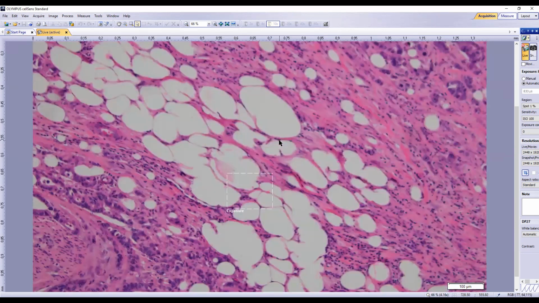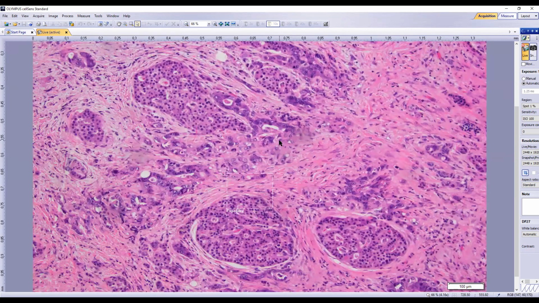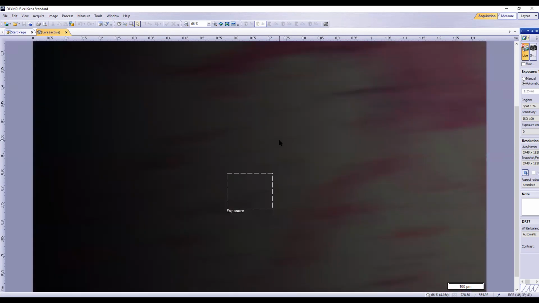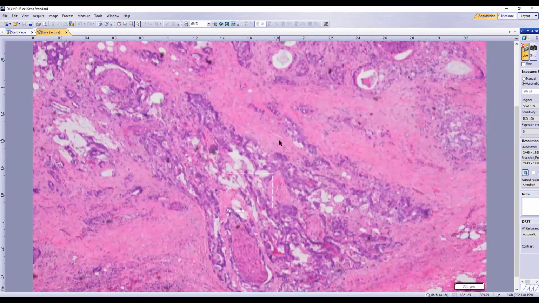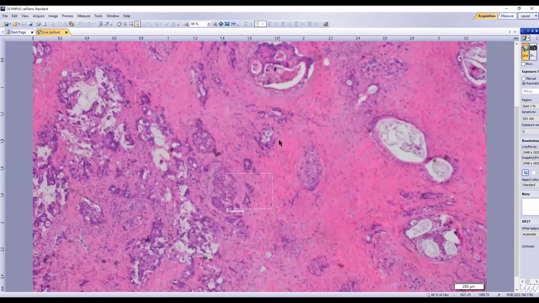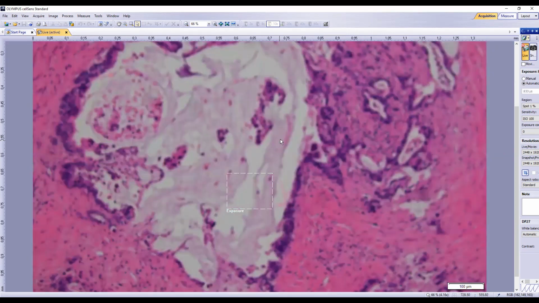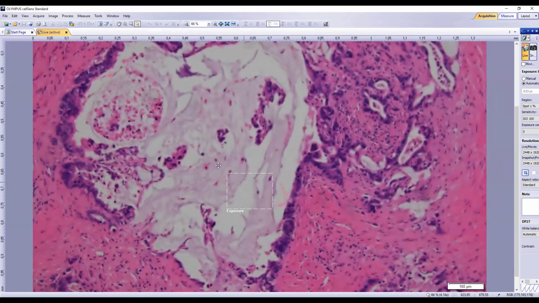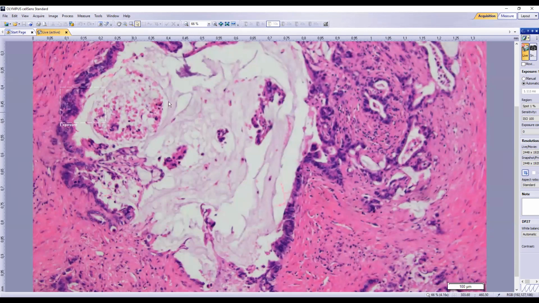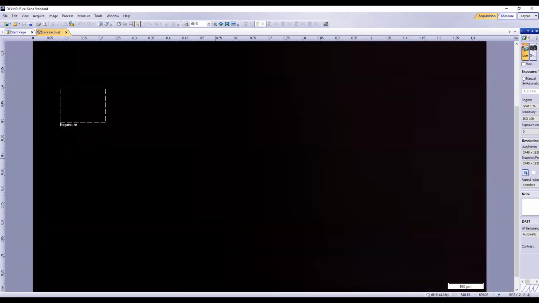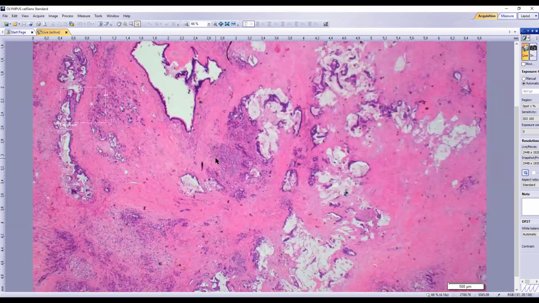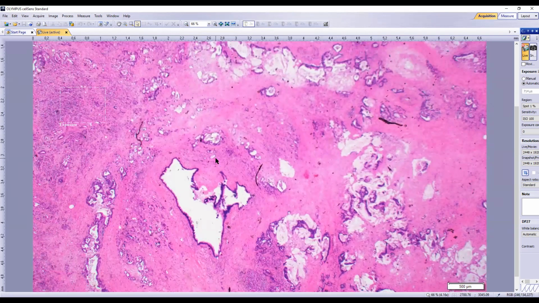And I think there was one more here. The second feature is luminal necrosis, which you can see a lot here. The third feature is a low power feature, haphazard arrangement of glands. See how haphazard they are.